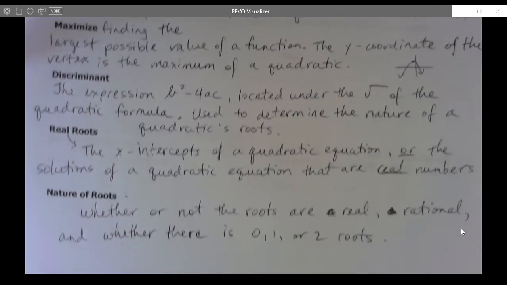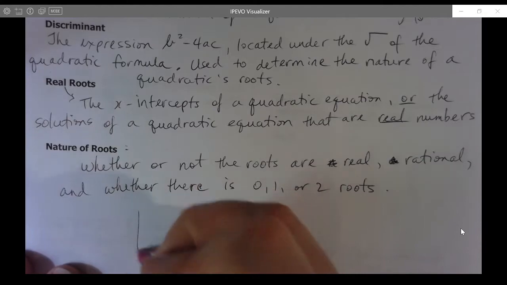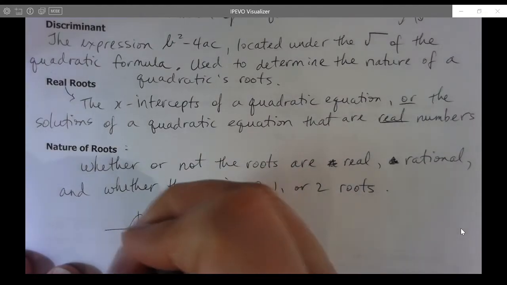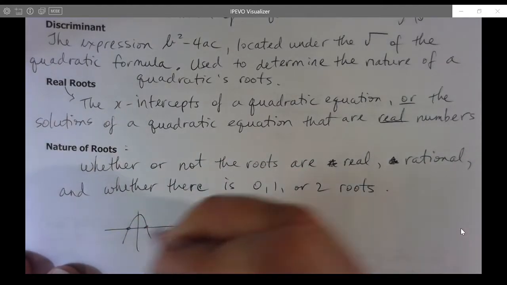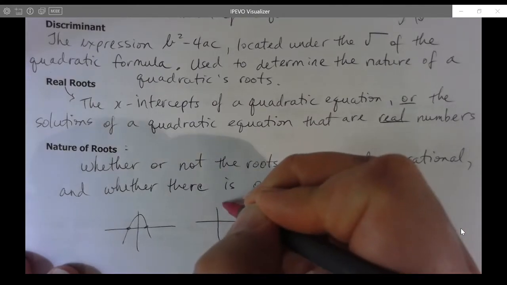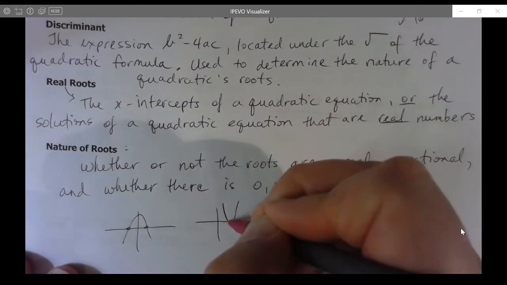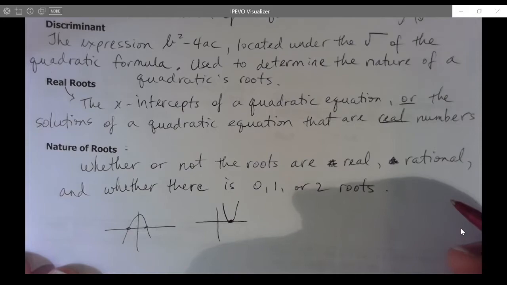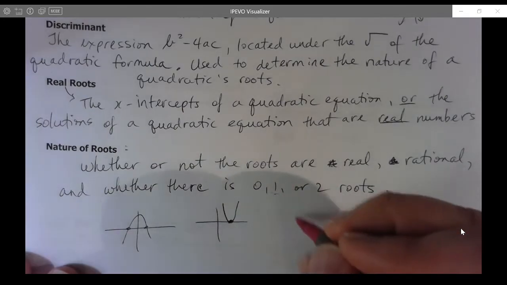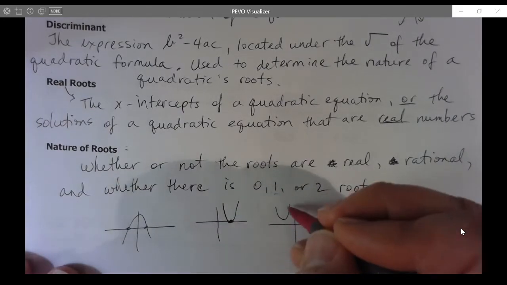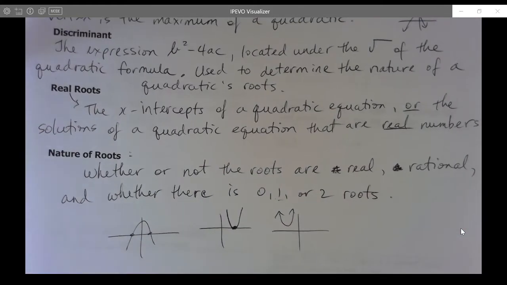Keep in mind a parabola can cross the x-axis twice, having 2 roots. A parabola can just have its vertex right on the x-axis, which means it would have 1 root. And a parabola can miss the x-axis completely, in which case it would have no roots. So there's our definitions to get us started.